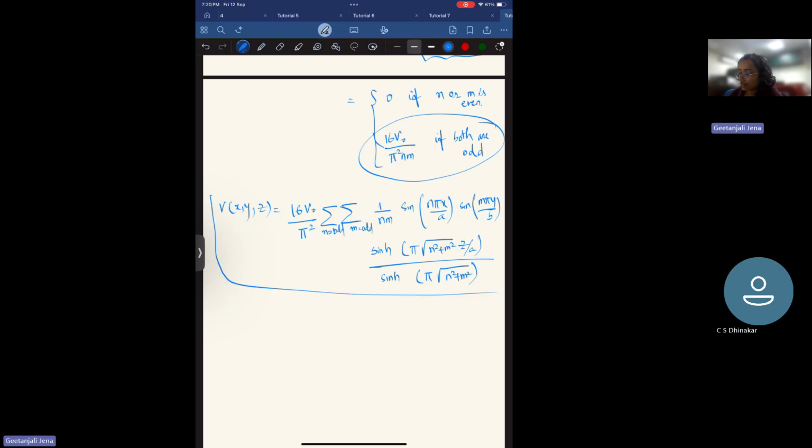This will be the final form for the potential after solving the Laplace equation.